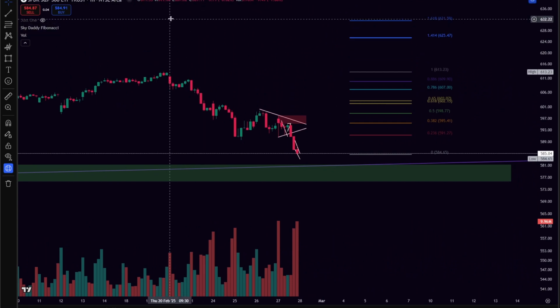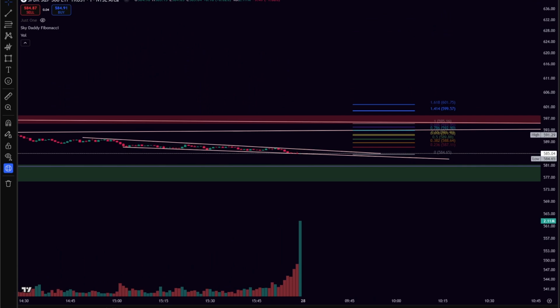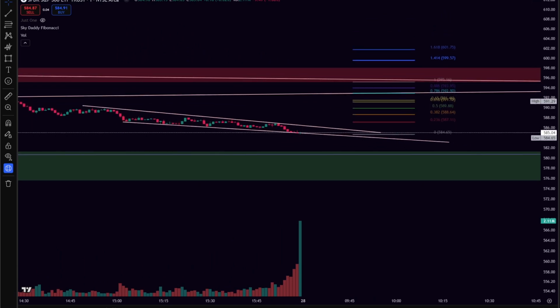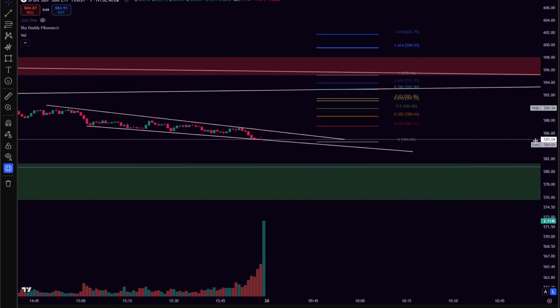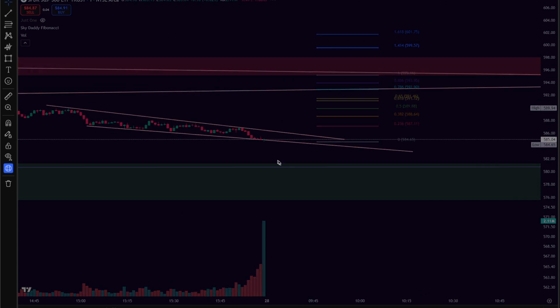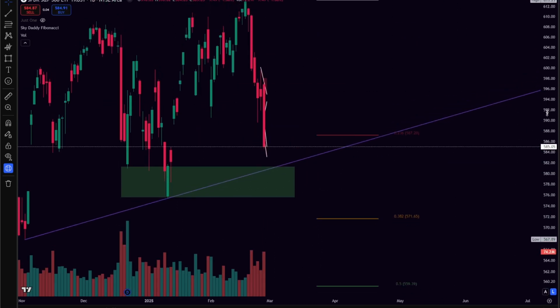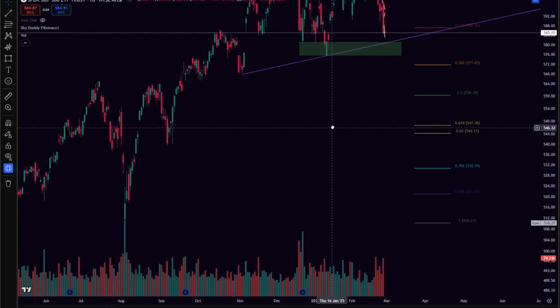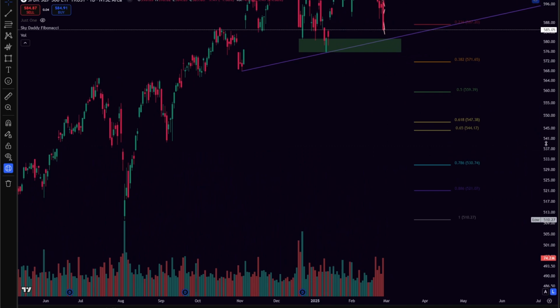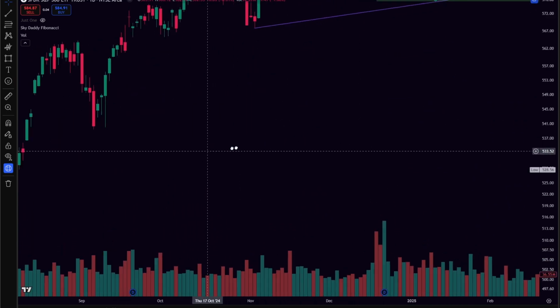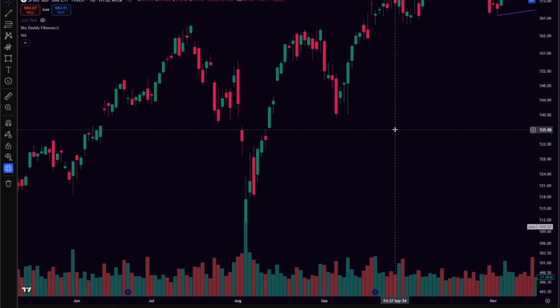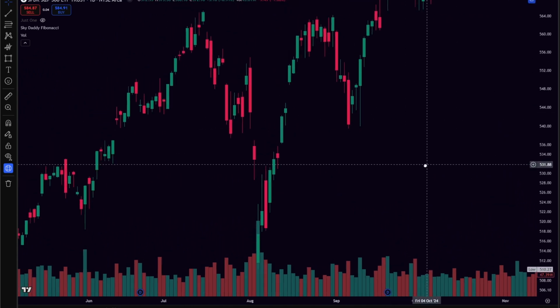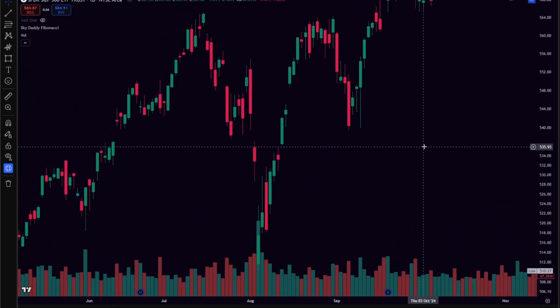I'm going to assume that we just go lower. I haven't checked to see if there's any other gaps on SPY down low. We have this little one. Oh, right there. 536.